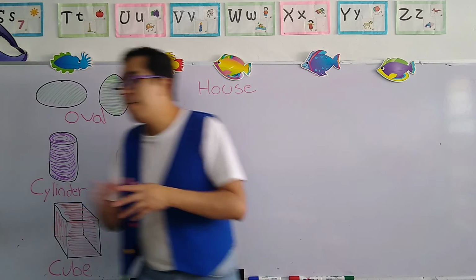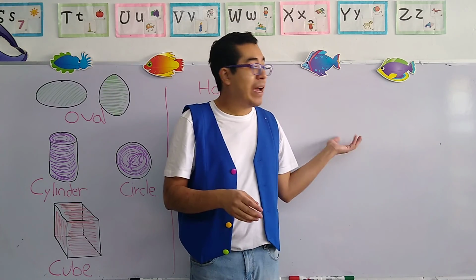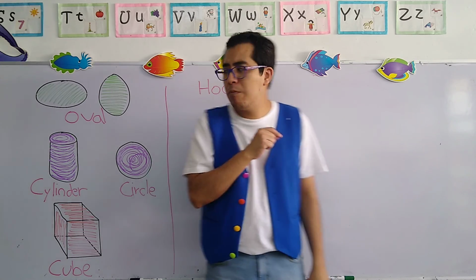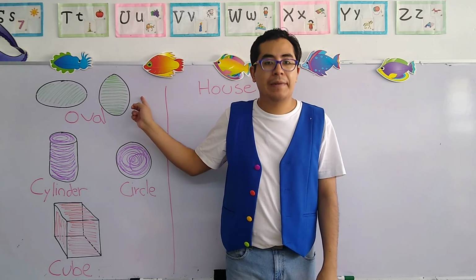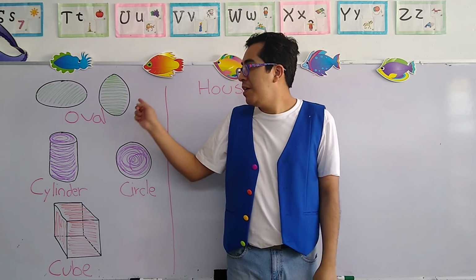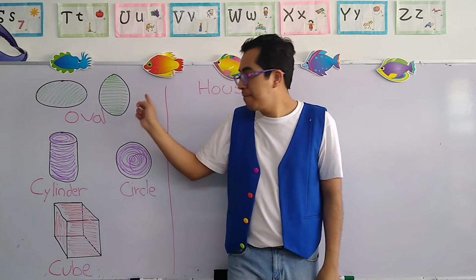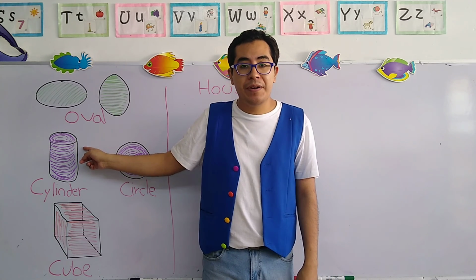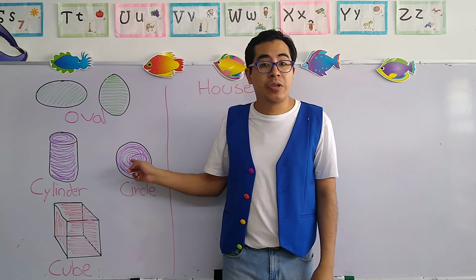Very good. Now, before we start with an extra activity, please repeat after me the new vocabulary. Oval. Okay, a little bit with more energy. Oval. Cylinder. Cylinder. Circle.